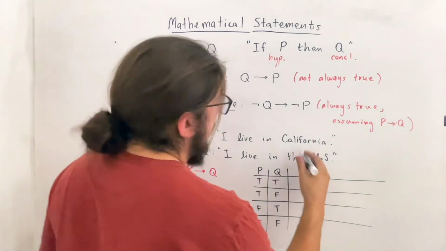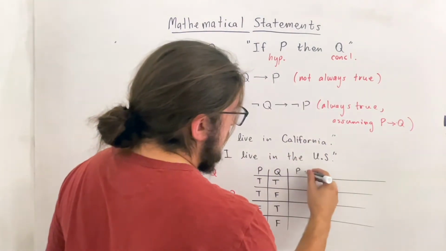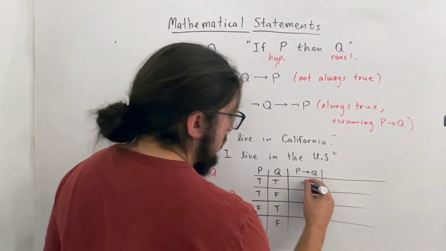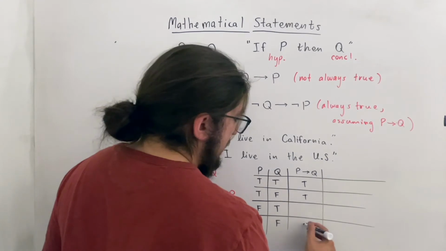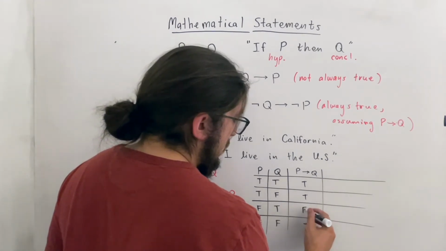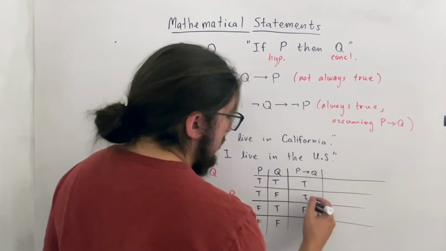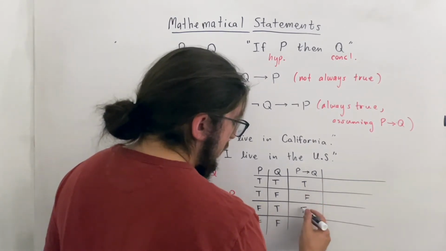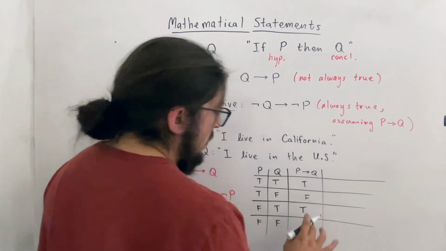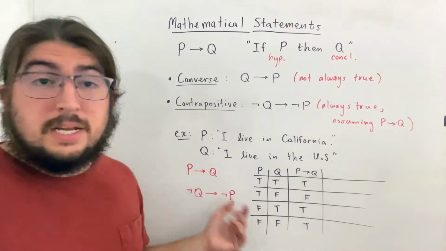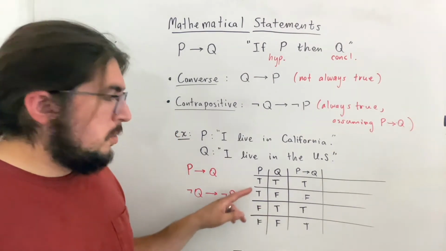Now, this if P then Q statement is true, except for when you have true implies false, my mistake. Like we saw in the last board, false can imply truth, but truth cannot imply false.